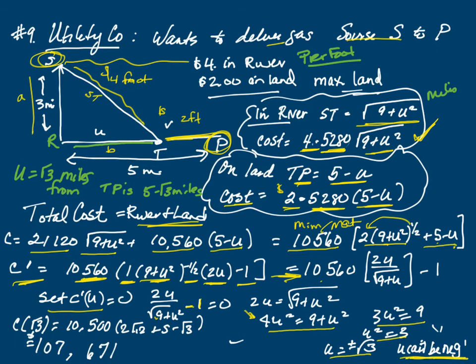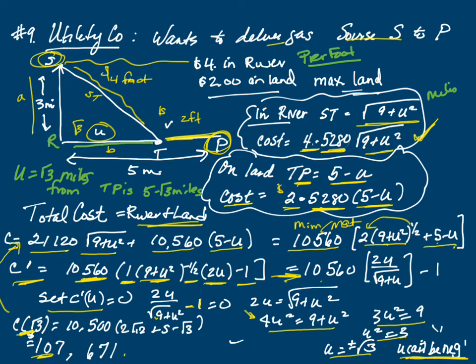And so you would put this back in to find the cost if they asked for it. Put the square root of 3 back into your cost function right up here, and you get $107,671. So u right here is the square root of 3.